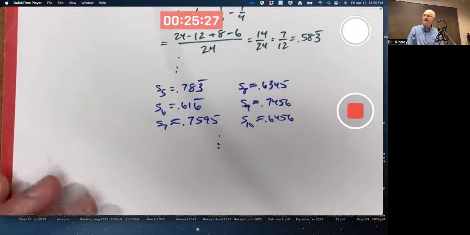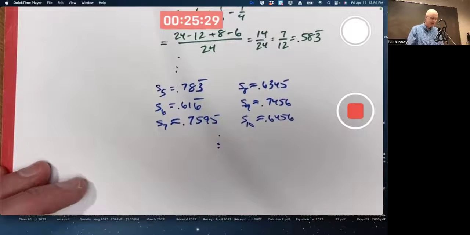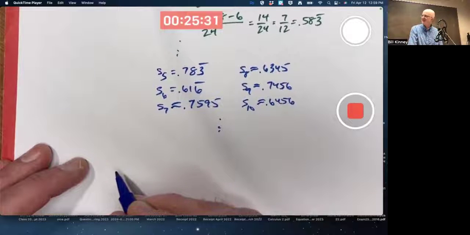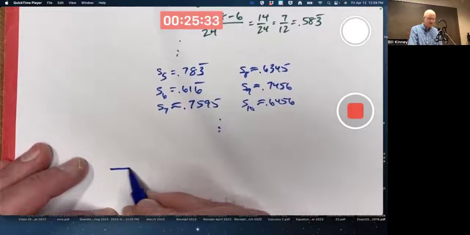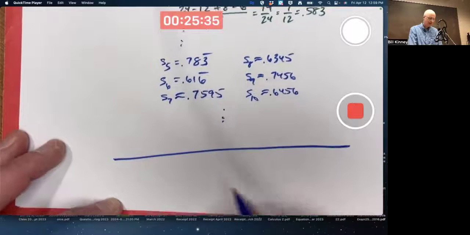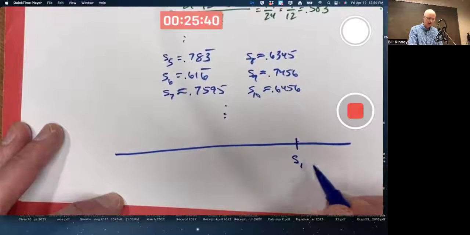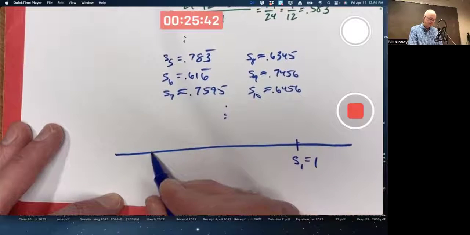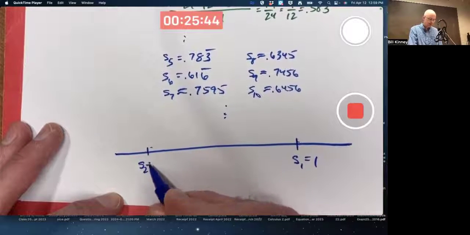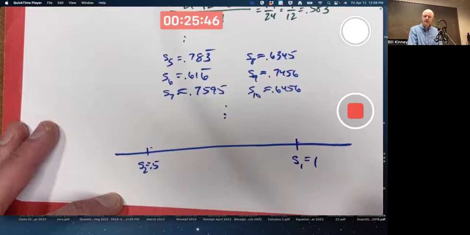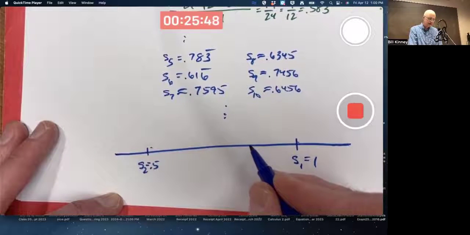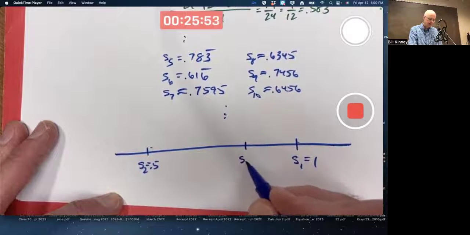Do these have a limit as n goes to infinity? It should feel like maybe they do. On a number line, if I graph them, S1 is 1, S2 is 0.5, S3 is 0.83 with a 3 repeating, maybe right about there.